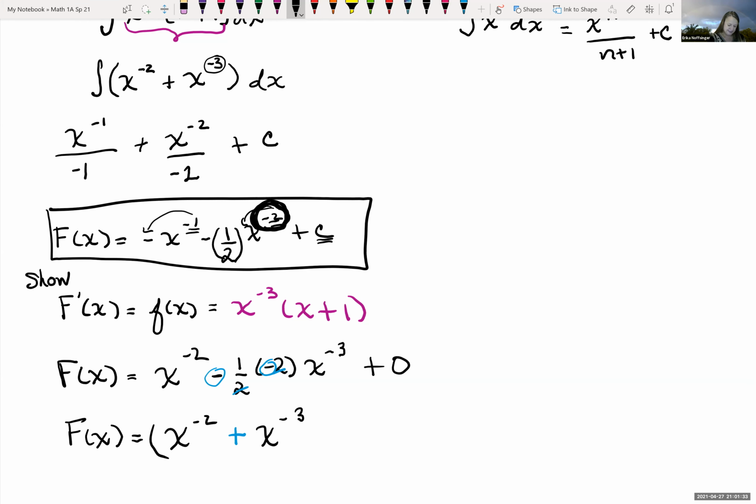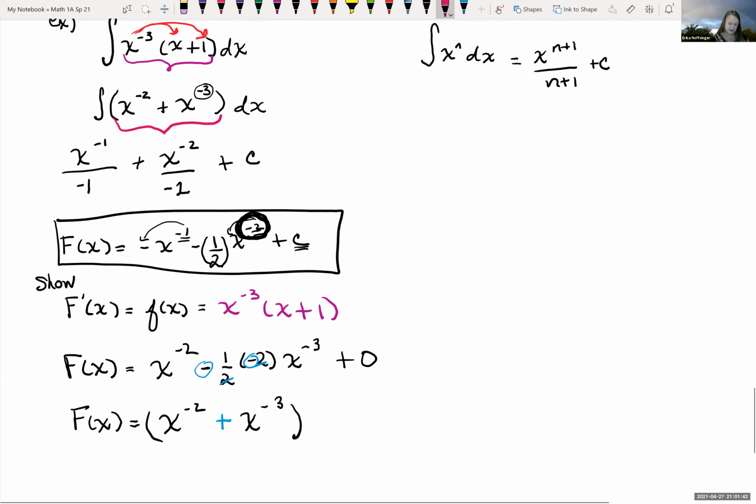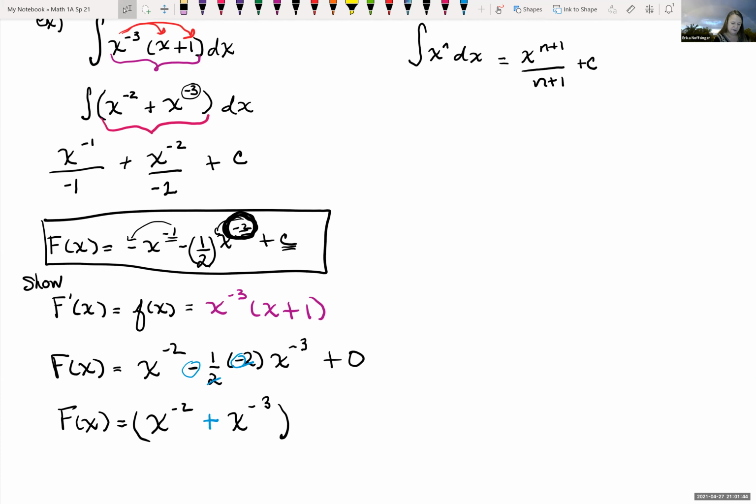Which is the exact same thing that we have right here, which is our integrand. We could, if we wanted to, just like we had distributed here, factor out an x to the -3 power. If we factor out an x to the -3, we have to think to ourselves, what do we need?